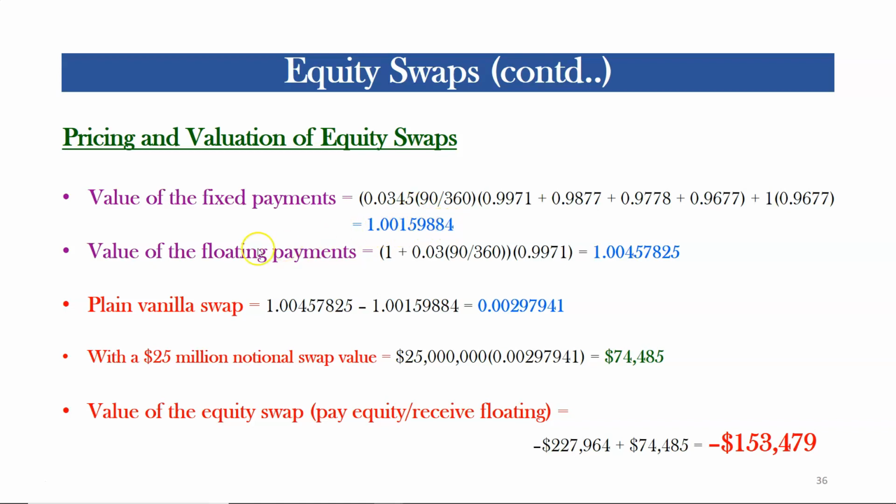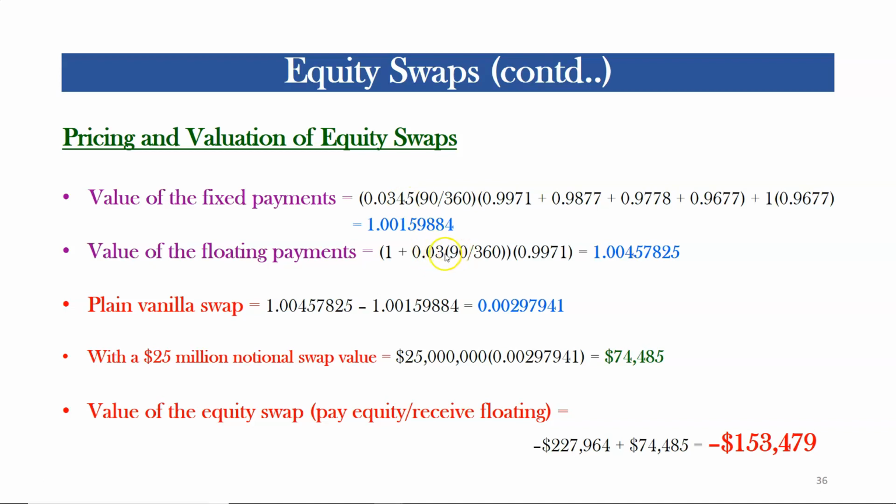$1.001598884. The value of the floating rate bond will be equal to the present value of its future cash flows in 30 days time. This 3% is from table 11.9, where we valued the IVM equity swap and calculated the fixed rate to be 3.45%. The first rate there for 90 days was 3% in the term structure of LIBOR rates.